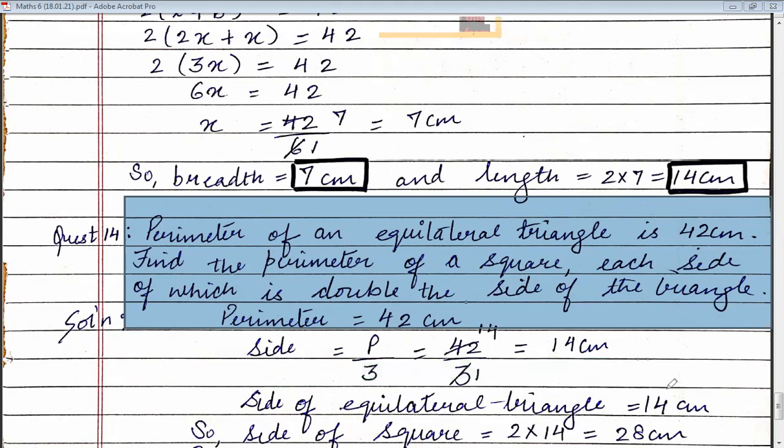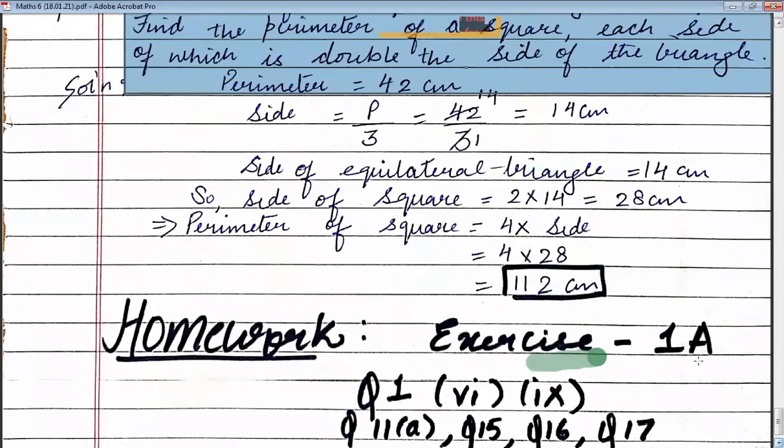Now children, if you know the side of the equilateral triangle, you can easily find out the side of the square, because the side of the square is double the side of the triangle. So it is 2 times 14, that is 2 multiply 14 is equal to 28 centimeter.